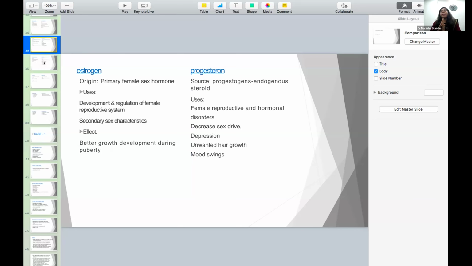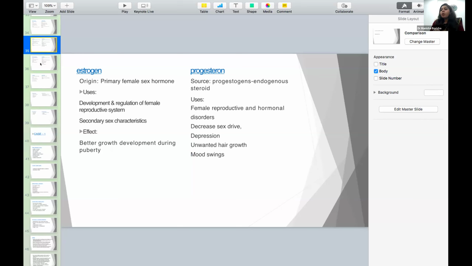Estrogen and progesterone are the major hormones playing a role in a female's life. Estrogen is the primary female sex hormone. It is used in the development and regulation of the female reproductive system and secondary sex characteristics, and its main action is better growth and development during the puberty period.